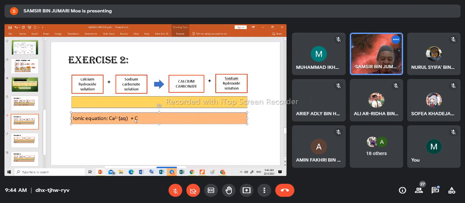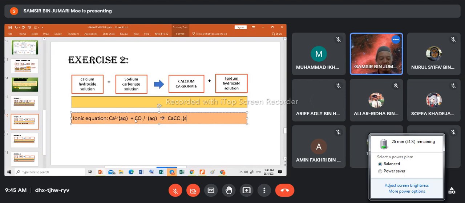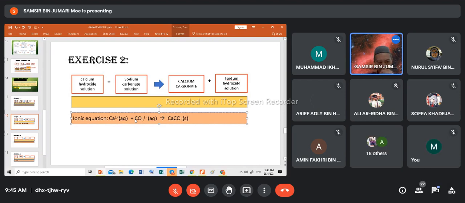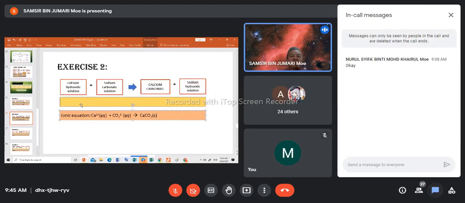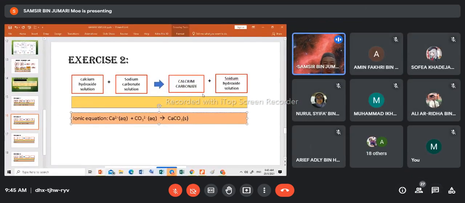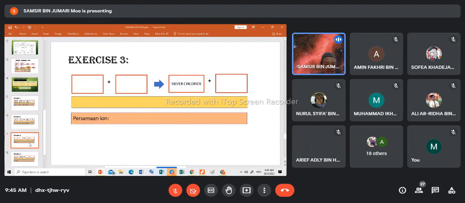Tadi carbonate CO3, okay. CaCO3. Okay, ni. So, macam ni. Okay, this is ionic equation. Then chemical equation tu awak boleh tulislah sendiri kat sini. Penting seimbang kat situ.